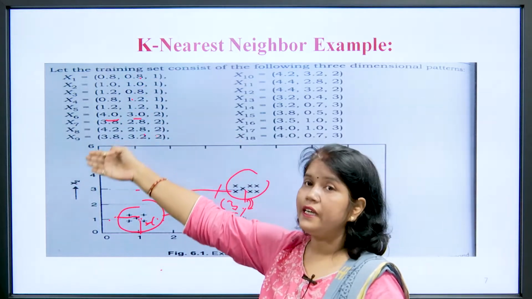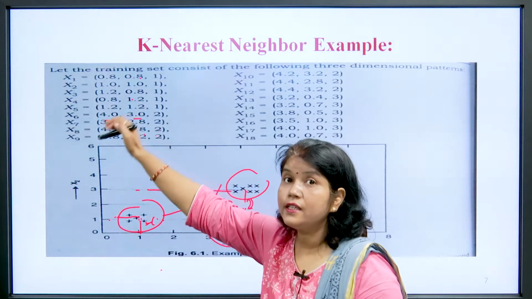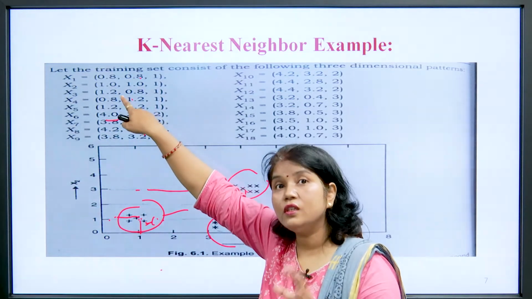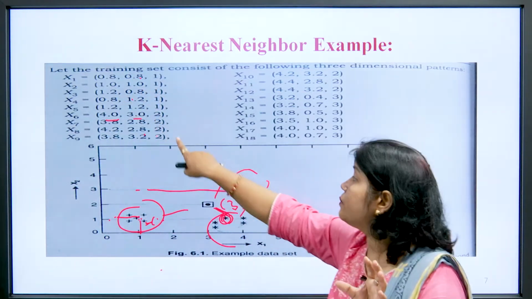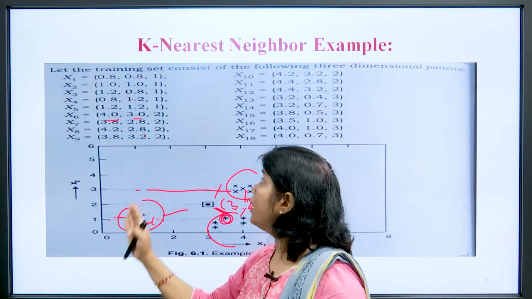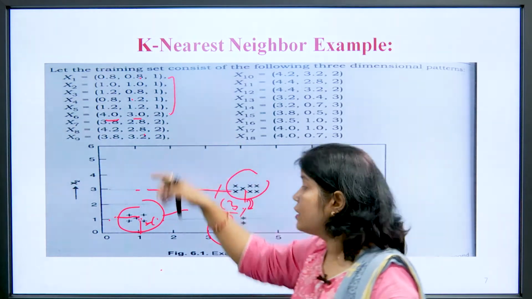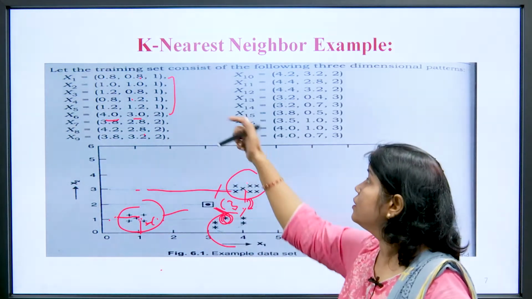I am explaining again: this given data set is there with the corresponding coordinates, along with their classes, class 1, class 2, class 3, so do not be confused.